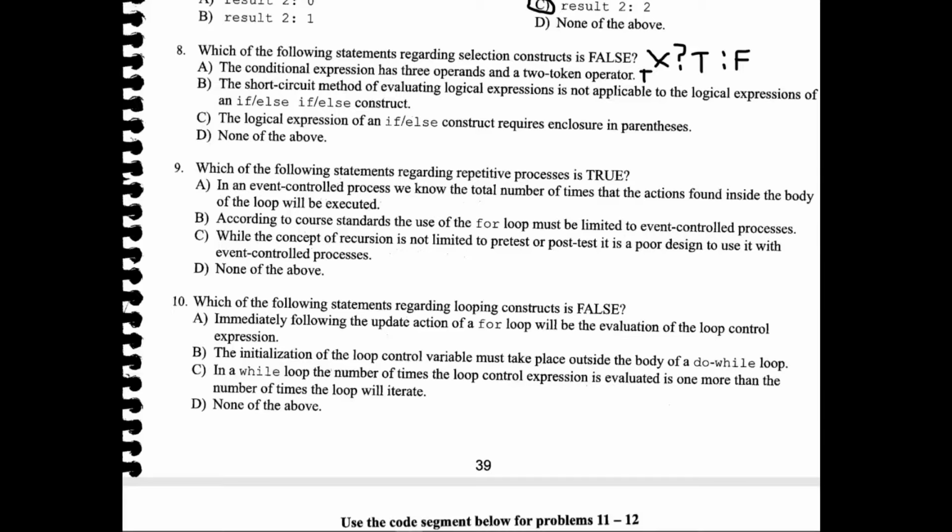The next, B, says the short circuit method of evaluating logical expressions is not applicable to the logical expressions of an if-else or an if-else construct. This is actually false. C is pretty consistent when it evaluates code, so it will apply those short circuit methods in the if-else constructs. So that statement is false: it's not applicable?